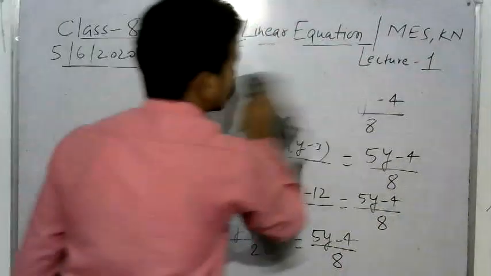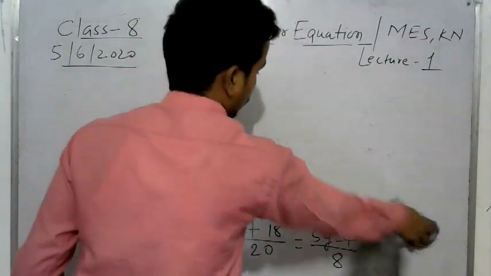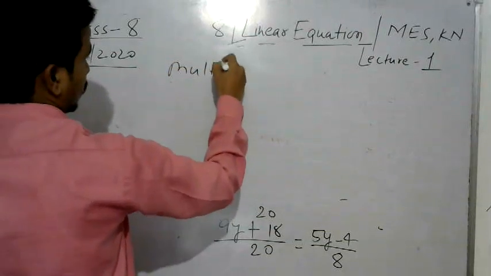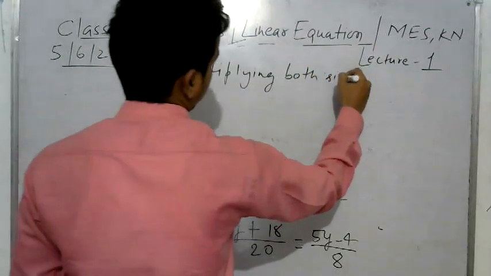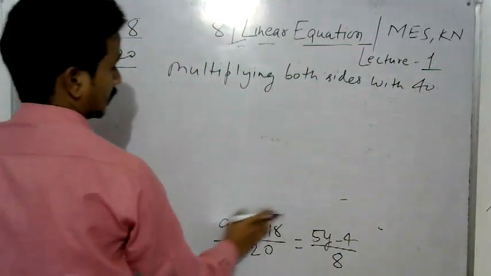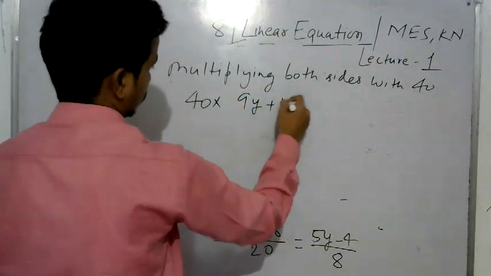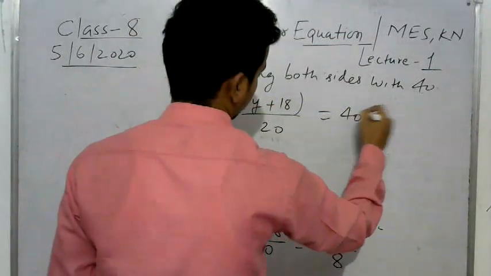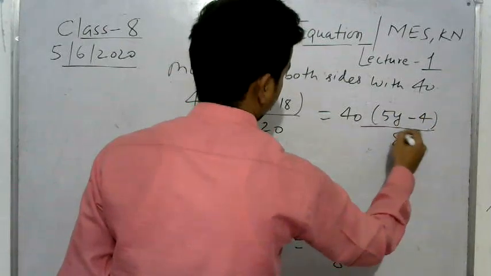We multiply both sides with 40. What do you get? 40 into 9y plus 18 divided by 20 equals 40 into 5y minus 4 divided by 8.